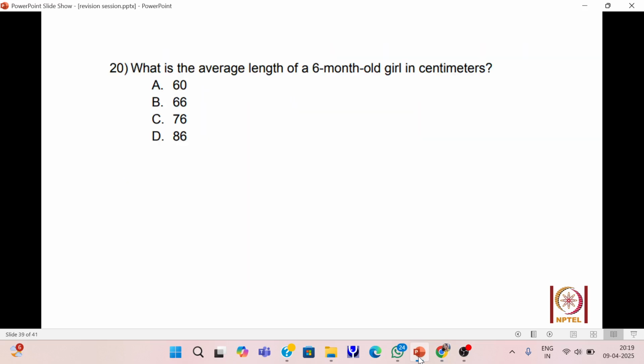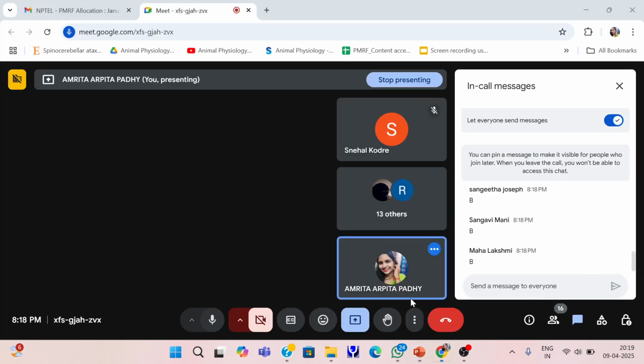Moving on to the next, what is the average length of a 6th month old girl in centimeters? 60, 66, 76, 86.